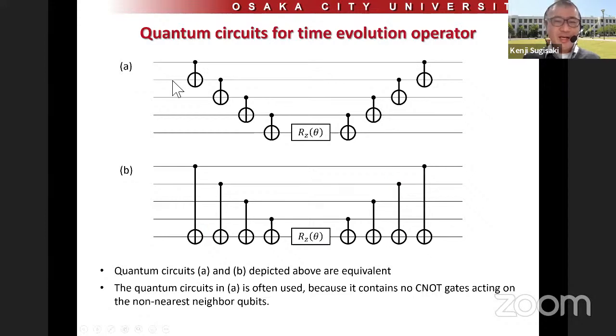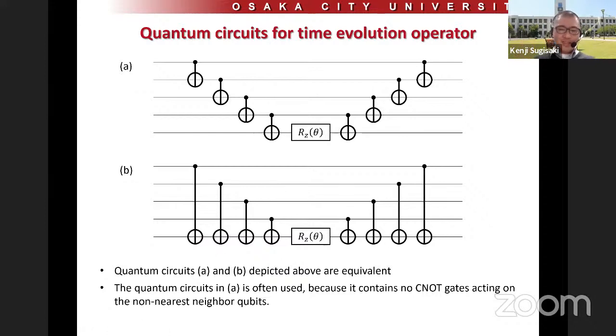But usually the quantum circuit depicted in A is used, because in this other quantum circuit, we have to apply a sigma gate with non-nearest neighbor qubits.